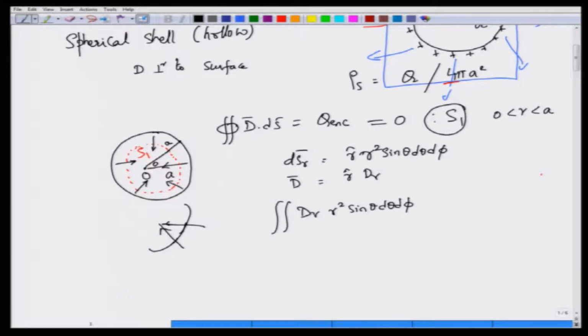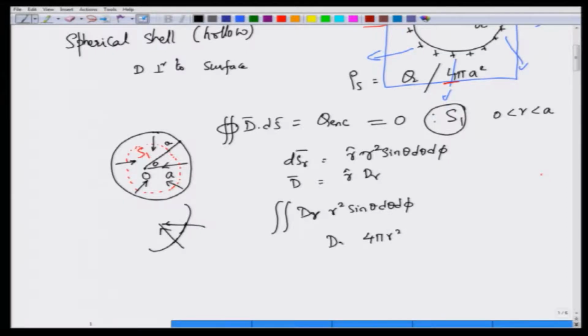Now, I also know that my D field does not depend on theta and phi, because of the symmetry conditions. The D field does not depend on theta and phi. Okay. So, Dr will essentially be constant over the surface and actually can be moved out of the integral, and the remaining portion of the integral will simply give me the surface area 4 pi r squared.